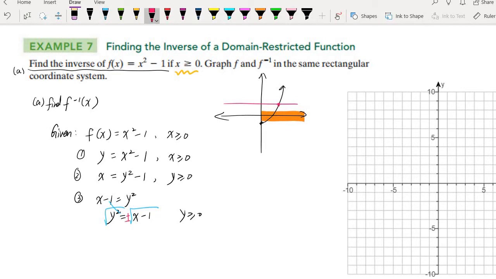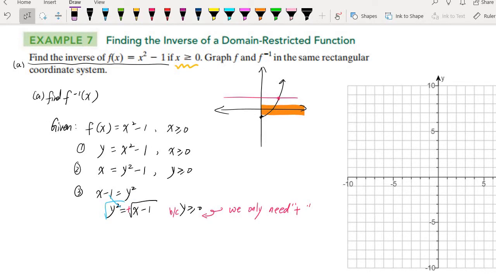But the thing is, since our y is greater or equal than 0, because of this, that means we do not care about negative. Alright, that means we only need the positive one. So I just delete that negative sign. So let's continue, finish this. That means I'm going to have y equal to square root of x minus 1.